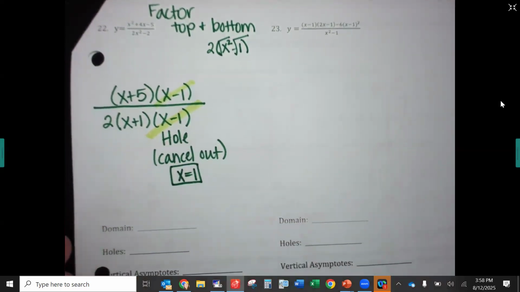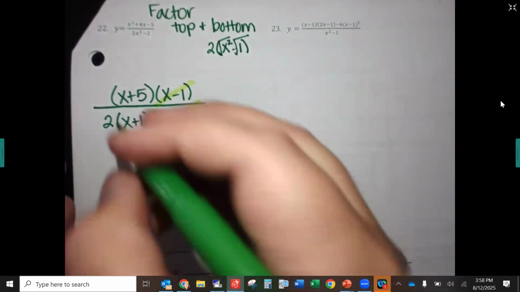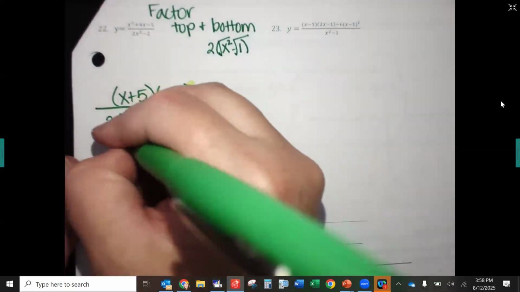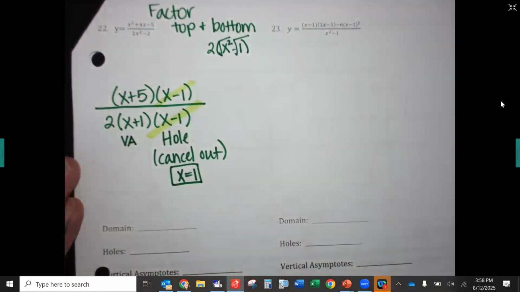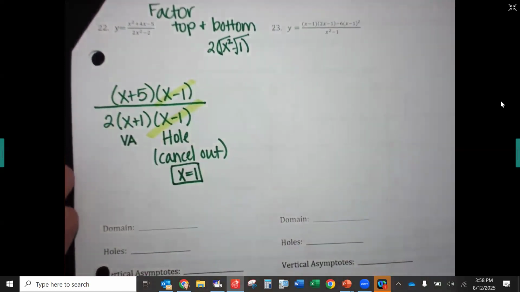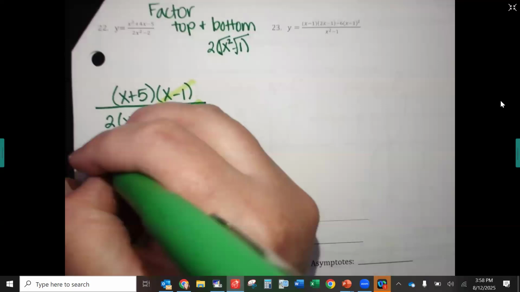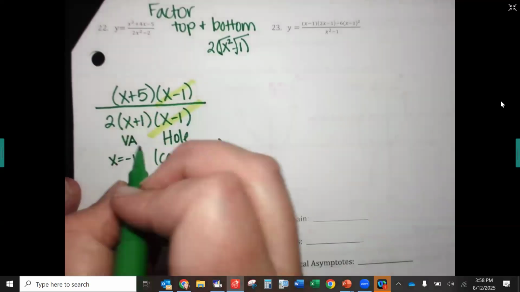Now, any X's that are left over on the bottom create a vertical asymptote. And so I do have one X plus 1 left on the bottom. Where will the asymptote be at following that same logic? X equals -1.